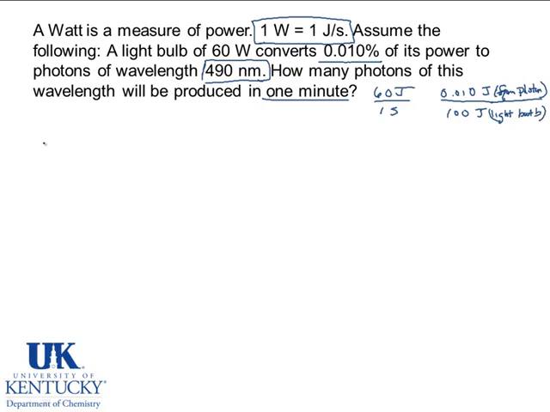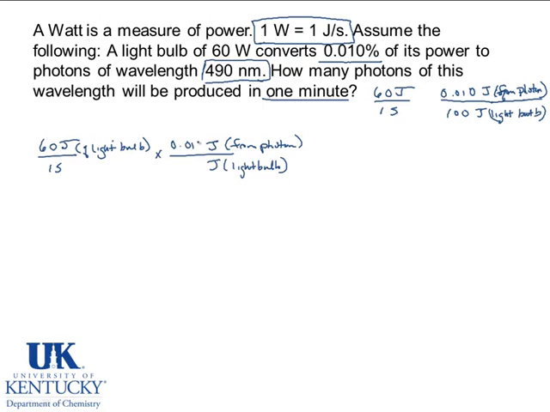Let's start with the 60 joules per second. This is the joules of the light bulb, and let's convert it to joules of photons at 490 nanometers. So we will put the joules from the light bulb down here, and we will put joules from the photons at 490 nanometers up here, and put the values of 0.010 and 100 in.